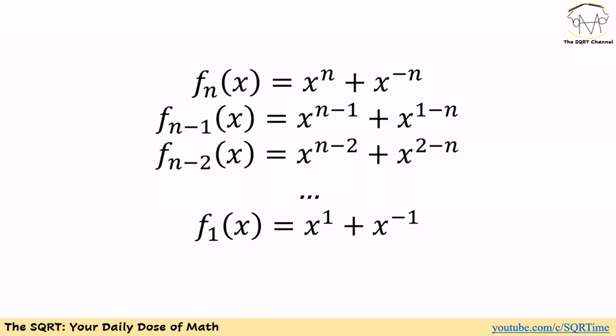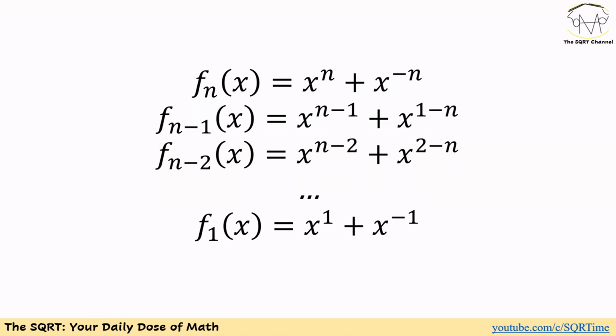Basically, for n, we have x to the power of n plus x to the power of minus n. If we use n minus 1, then we will have x to the power of n minus 1 plus x to the power of 1 minus n. If we repeat this for n equal to 1, we will have x plus 1 over x.